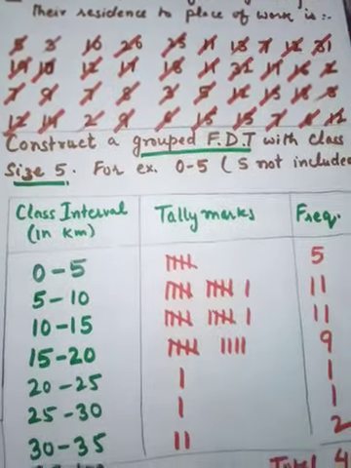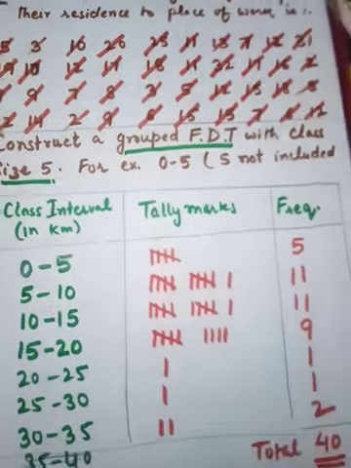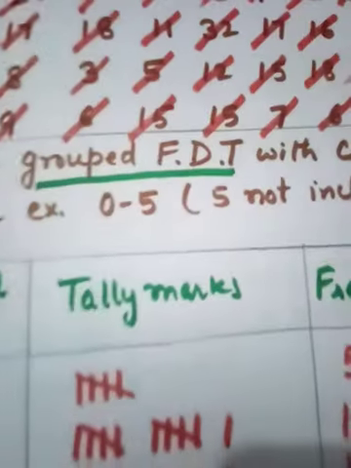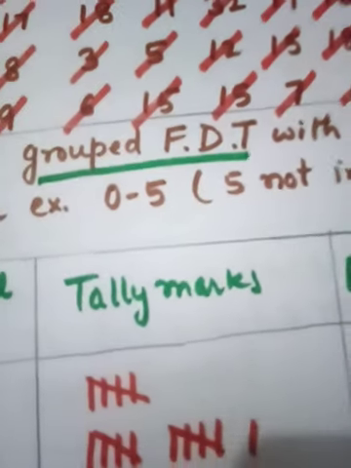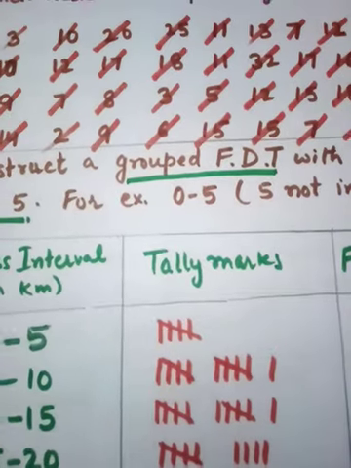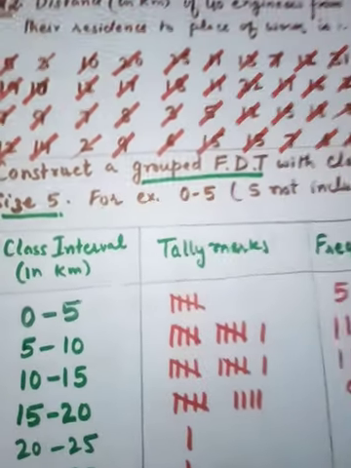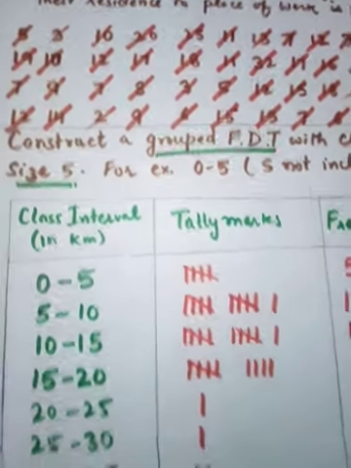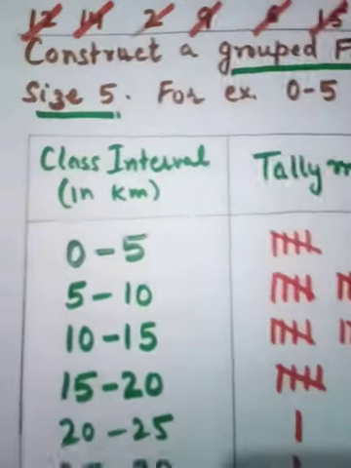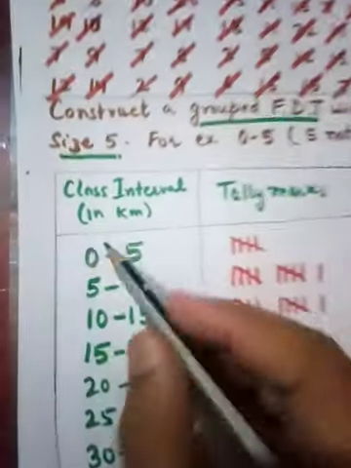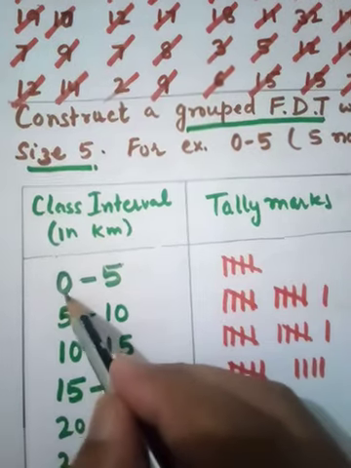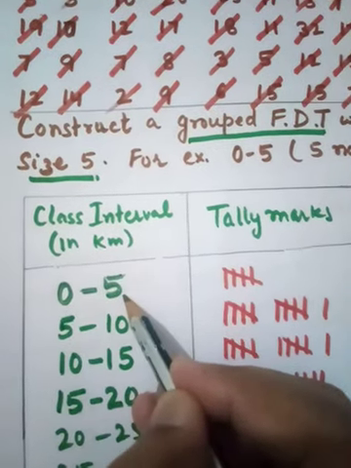So in the questions, I think you need to see what particular class is given. Like here 0 to 5 is given. In some questions it might be 0 to 10, or it might be 0 to 20, so you need to understand properly. And one more main concept was, if the class is 0 to 5, then the lower limit is this and upper is this.